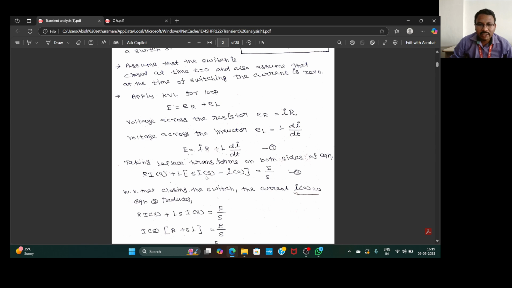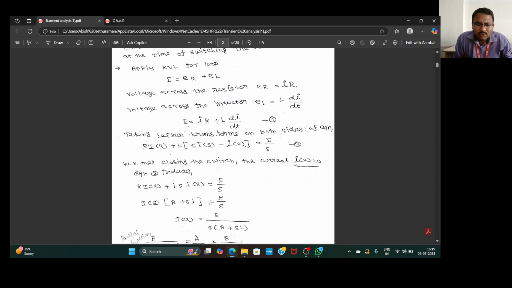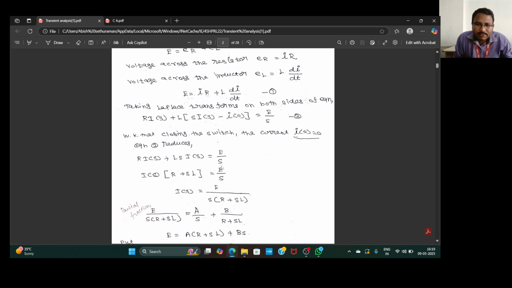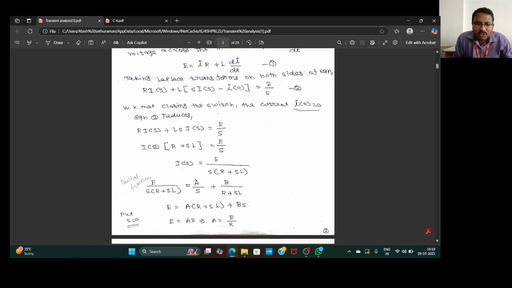Taking the Laplace transform of equation 1 on both sides, E becomes E divided by S. Then IR becomes R into I of S, plus L into S into I of S minus the initial condition I of 0. We know that on closing the switch, the current I of 0 equals 0. Substituting in equation 2, we get the current equation: I of S equals E divided by S of R plus SL.